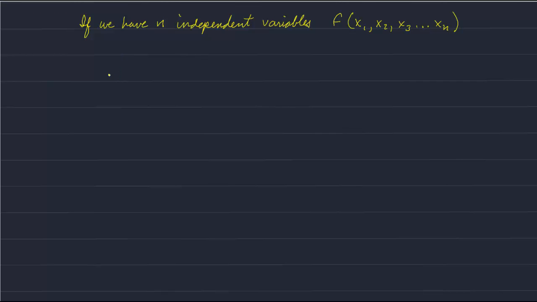And so we would write the squared uncertainty of f, which again is the variance of f. And one short way to write that is the sum for i equal to 1 to n of the partial of f with respect to x sub i, squared, times the variance of x sub i.